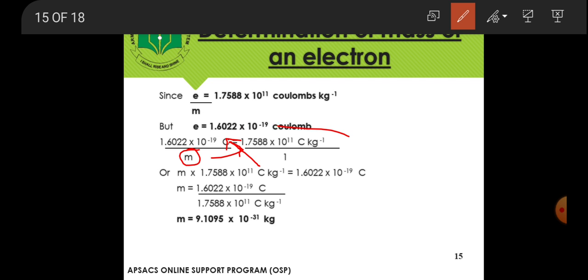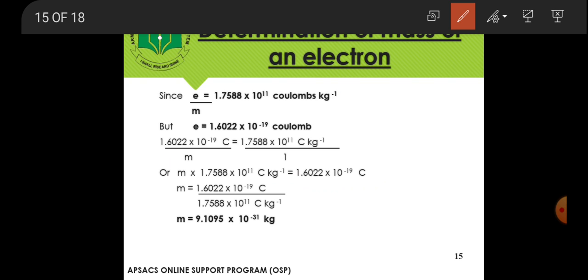Mass is multiplied by this value, and 1.6022 × 10^-19 is multiplied by 1. So m multiplied by 1.7588 × 10^11 coulomb per kg is equal to 1.6022 × 10^-19 coulomb multiplied by 1.